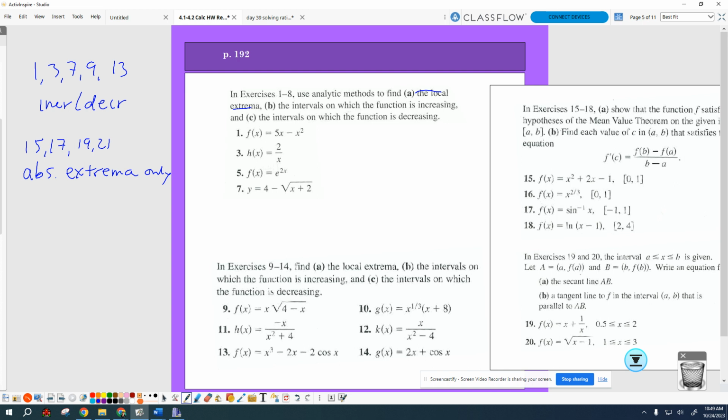For those guys, only find the absolute extremes, and for those guys, only find the critical points. And I don't have all of them up here, but there's some on the next page.